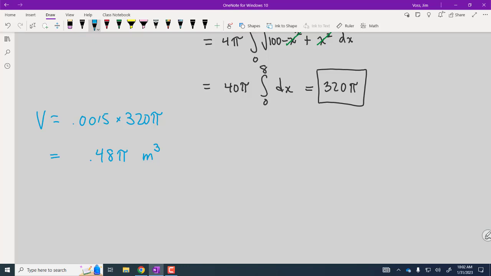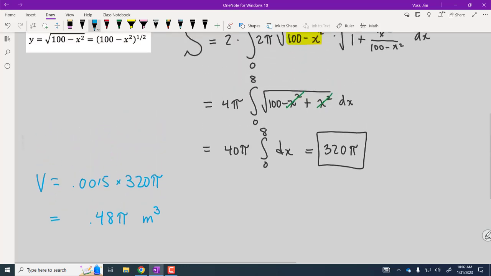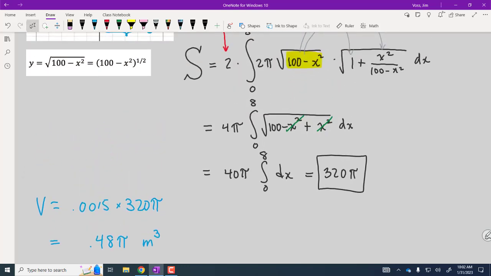All right, any questions on surface area? Is there anything about surface area that's not making sense? The concept of taking 2 pi r and multiplying by ds, is that making sense? So the idea is that we always are looking for approximating shapes. So we're taking those little frustums to use as our approximating shape.